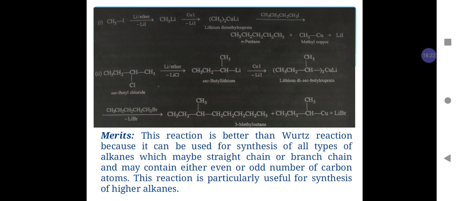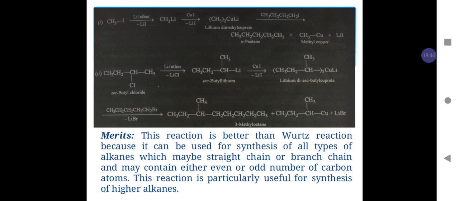As shown in the diagram, to convert methyl iodide into n-pentane, first we react methyl iodide with lithium in the presence of ether, and methyl iodide is converted into methyl lithium.